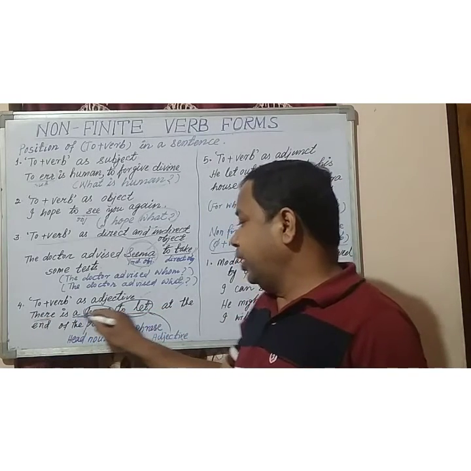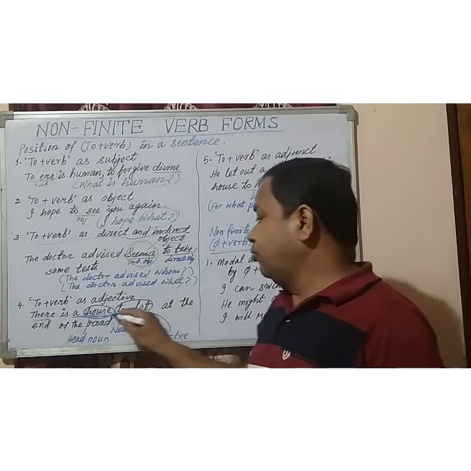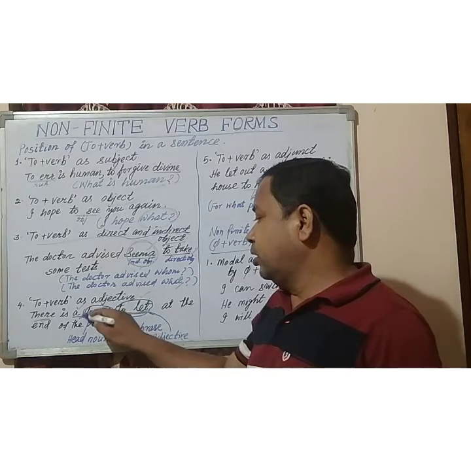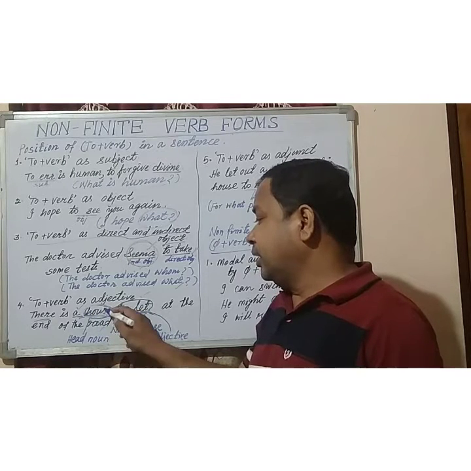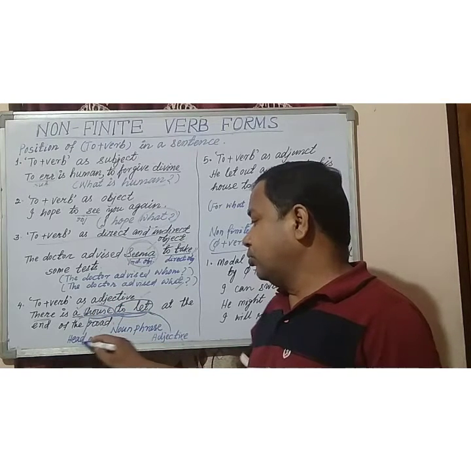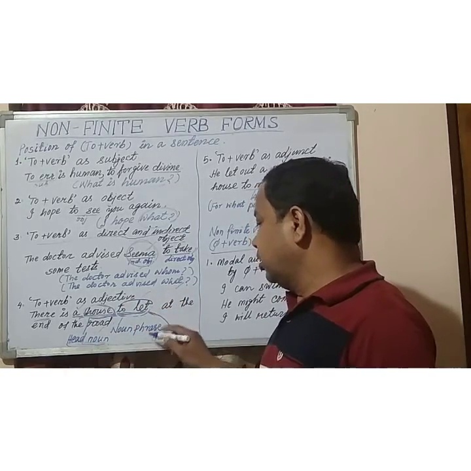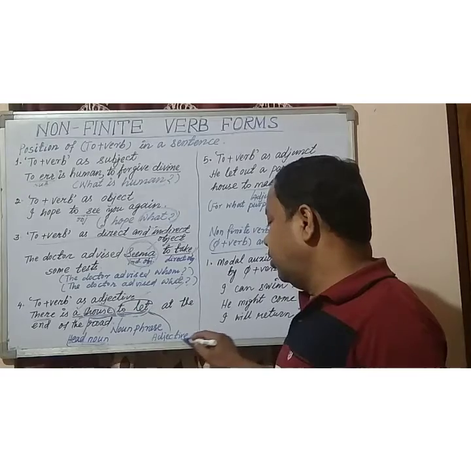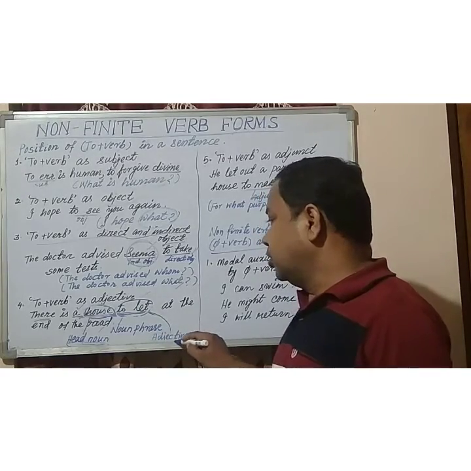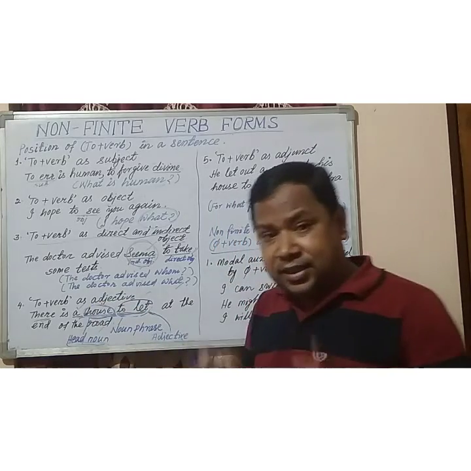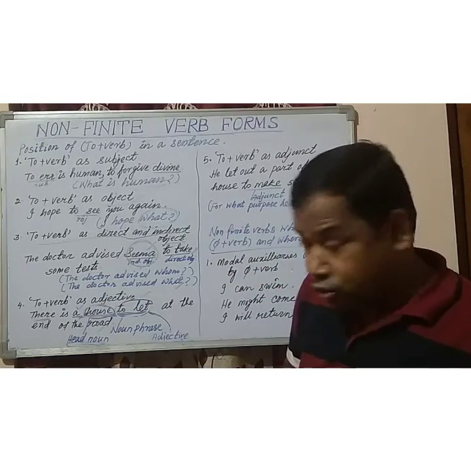A house to let is the noun phrase here. A is the article and house is your head noun. And to let is your adjective or describing word. So we use to plus verb as adjective or describing word also.